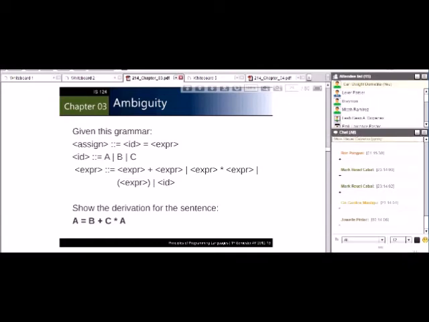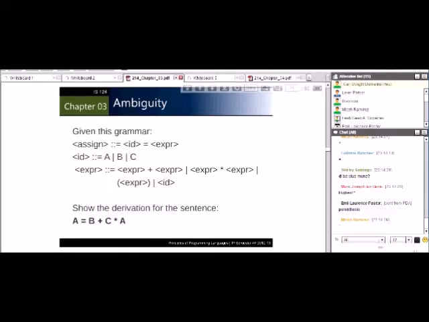So which one has the highest precedence and which has the lowest precedence? Highest precedence means which one is to be evaluated first. Highest precedence, the one which is evaluated first. When we say lowest precedence, this is what we are going to evaluate last.